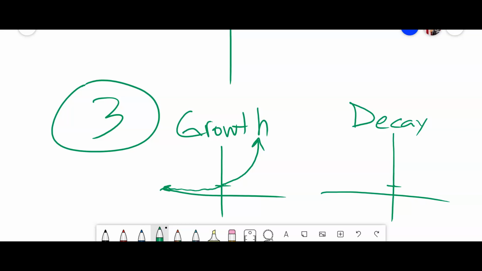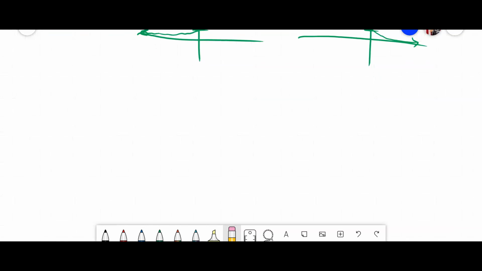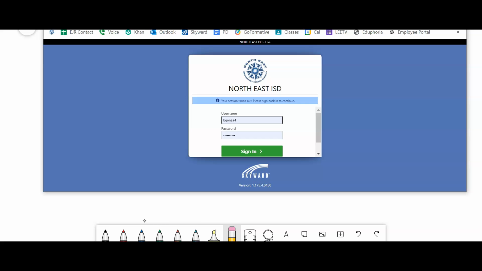So it goes forever like that, and this gets closer and closer and closer. And just to be more precise over here, it's exponentially increasing. That's exponential.